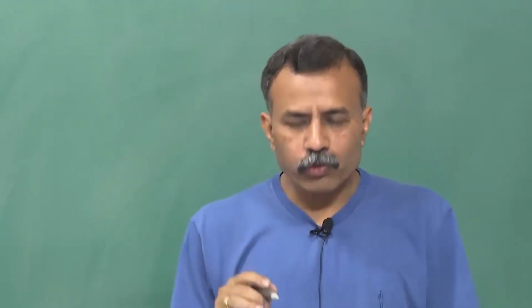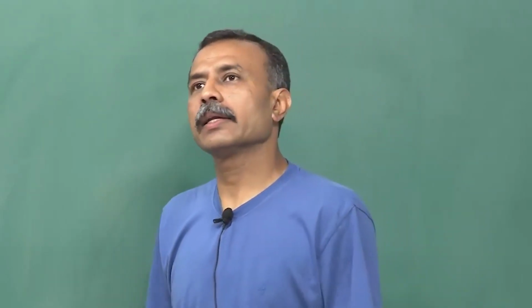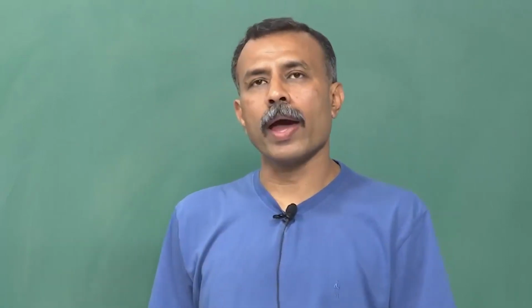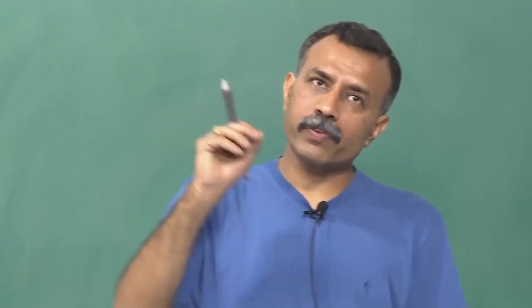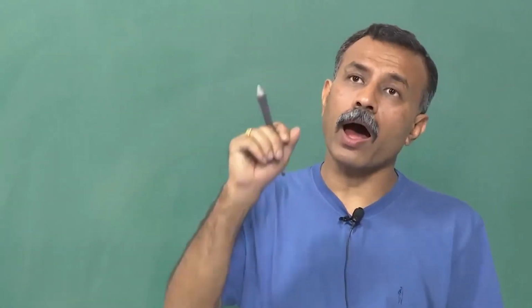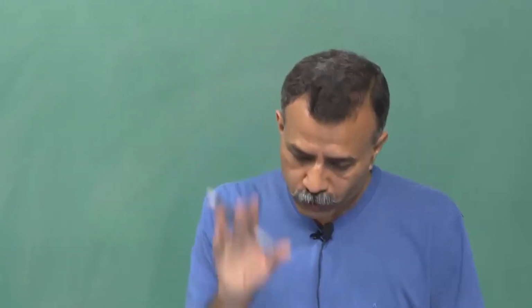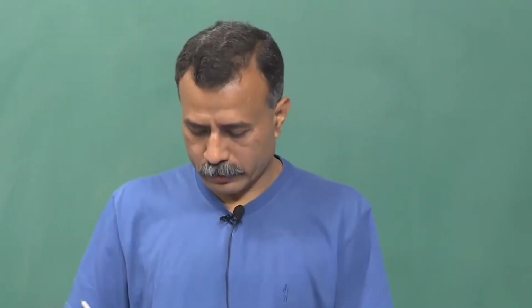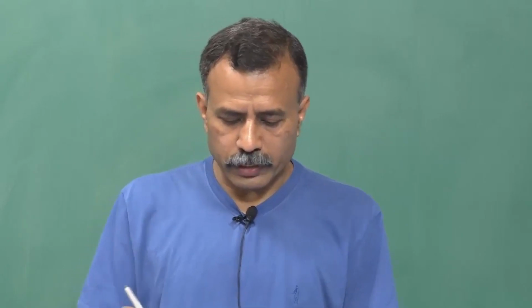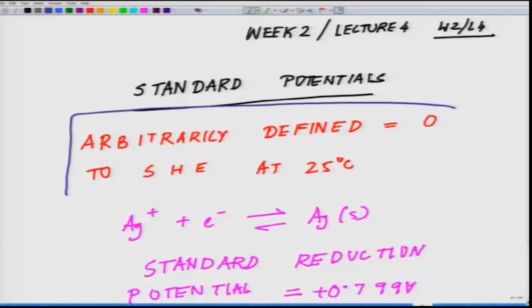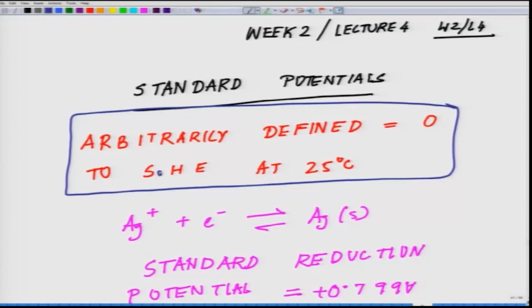So as we will move forward, you will realize that there are different kinds of electrodes where people have used different references, but those references were calibrated with the standard hydrogen electrode. But the first one where all these assumptions came was started with the arbitrarily defined standard hydrogen electrode at 25 degrees centigrade as 0. So it has a potential of 0 with respect to it.